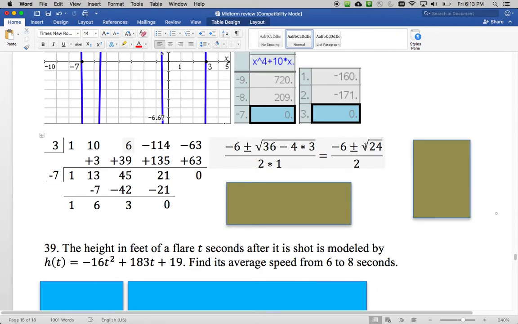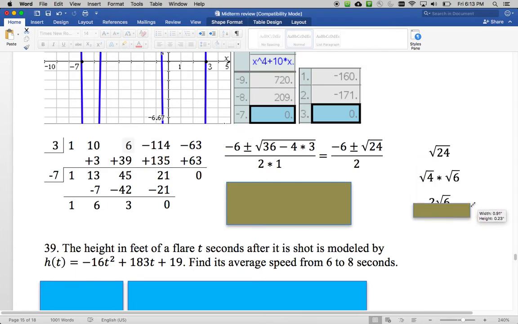Square root of 24, if we plug that in the calculator, it gives us a decimal, but we can simplify that by doing the square root of 4 times the square root of 6, and the square root of 4 is 2, so 2 times the square root of 6.